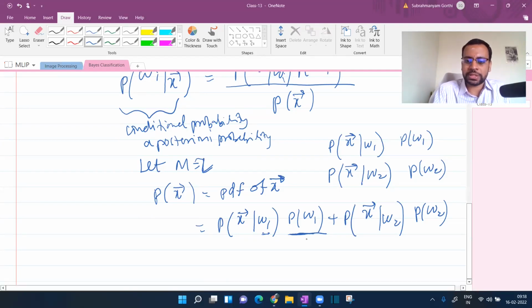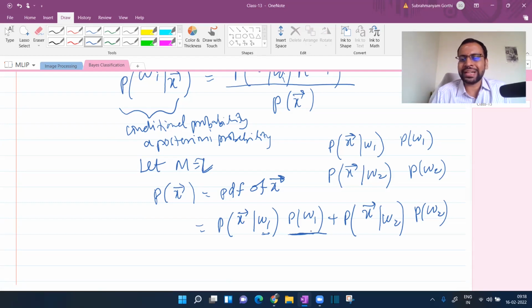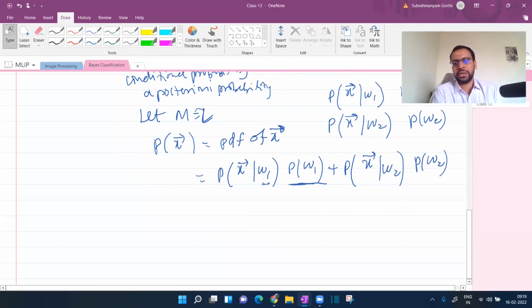Similarly here, if it is omega 2, with the probability of omega 2. And of course, if there are just two classes, can you write the probability of omega 2 in terms of probability of omega 1? So 1 minus probability of omega 1. There are only two possibilities, the summation should be 1, and that eventually results in this being a PDF.